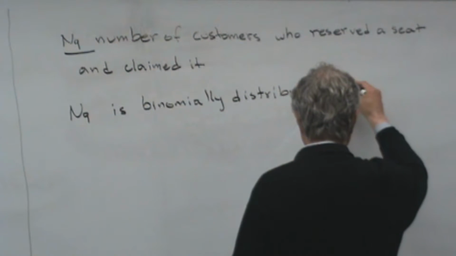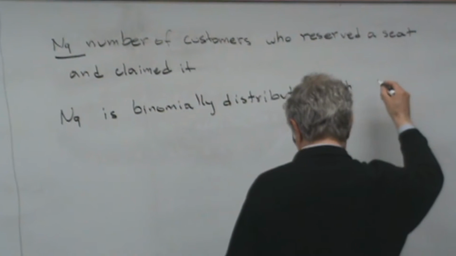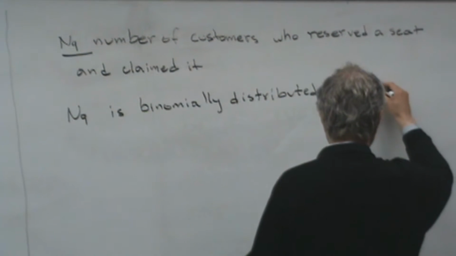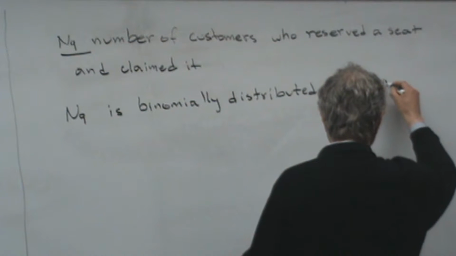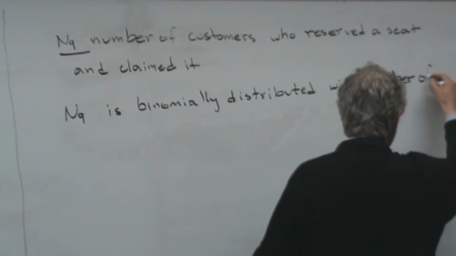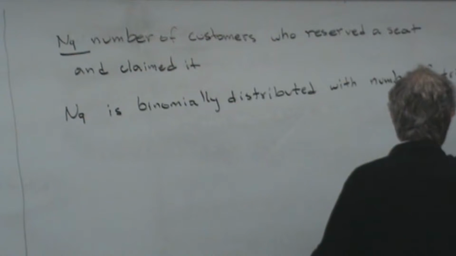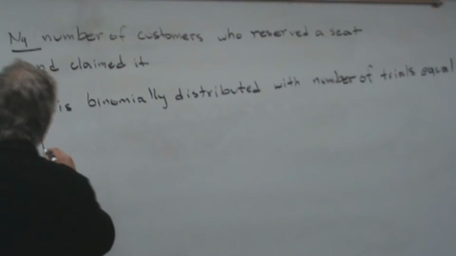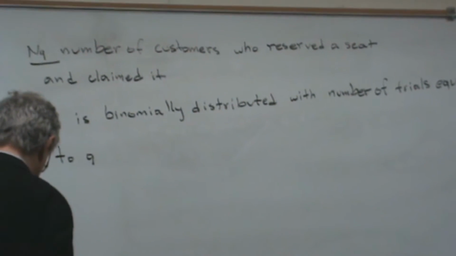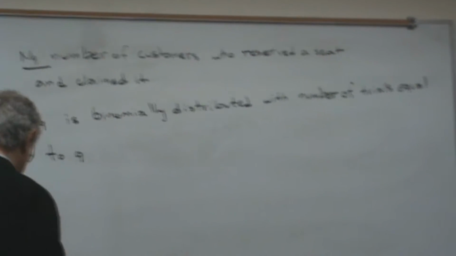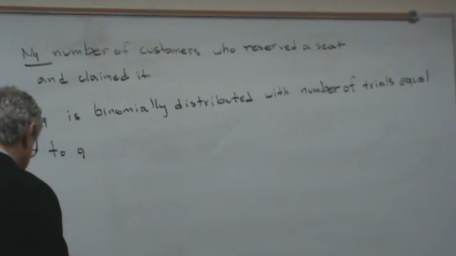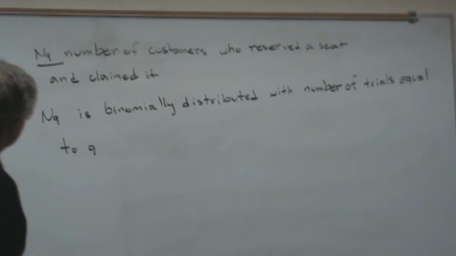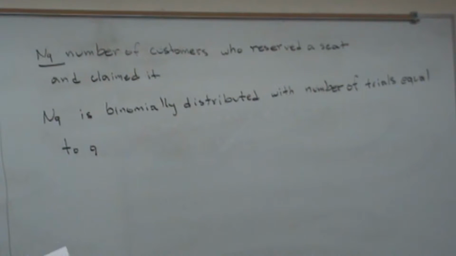With number of trials equal to n, I'm sorry, to Q. So let's make a decision tree that shows what happens if we increase the quota by 1.